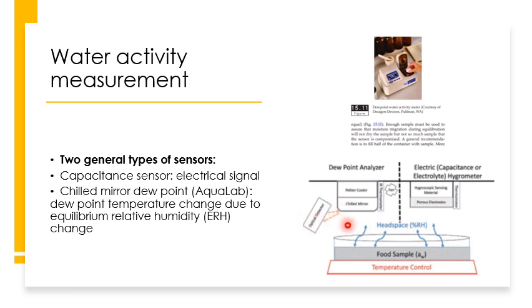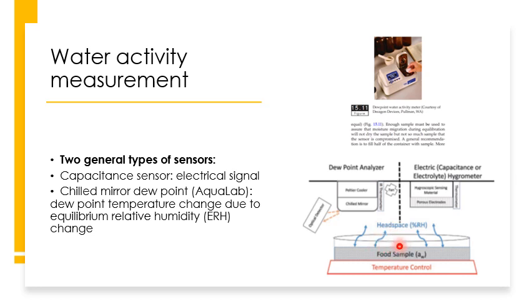So the water activity of the sample is the same as the relative humidity of the headspace at equilibrium. It is the headspace relative humidity that is analyzed. The temperature of the mirror is cooled until condensation from the headspace first appears, which is determined by a change in the reflectance. When there's condensation, the temperature of the sample and the mirror are recorded.